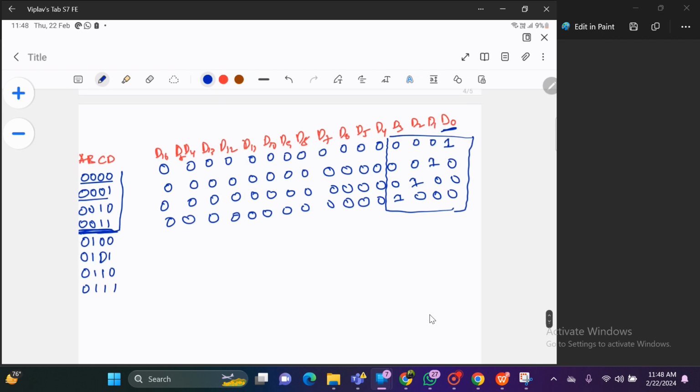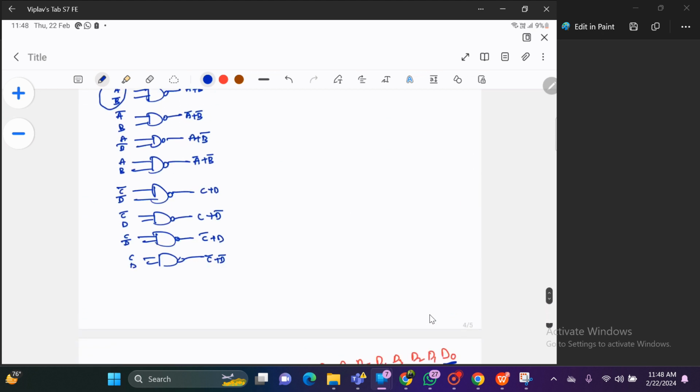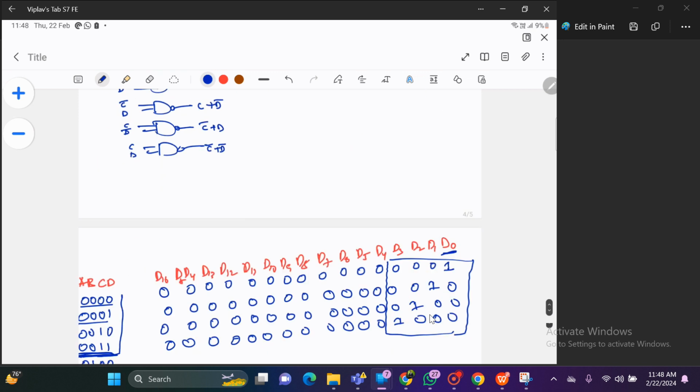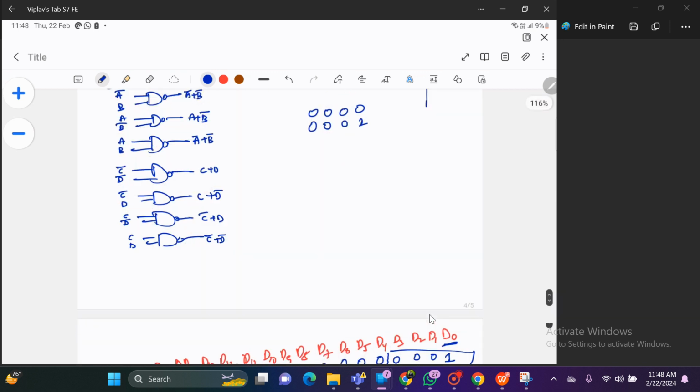So now ABCD. What is that ABCD? We will write here ABCD combinations, and I am taking these four. The ABCD combinations are 0, 0, 0, 0, then 0, 0, 0, 1, 0, 0, 1, 0, 0, 0, 1, 1.